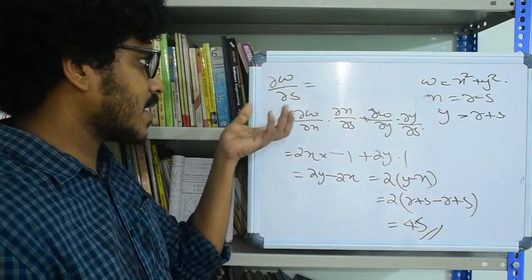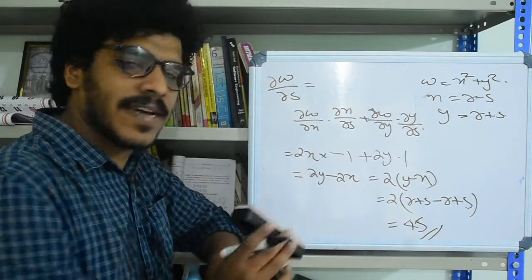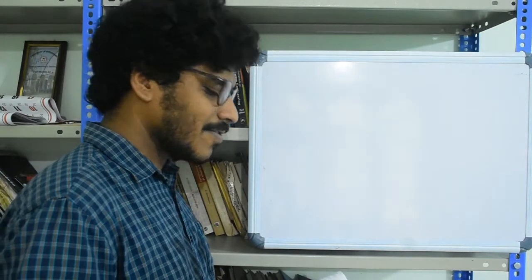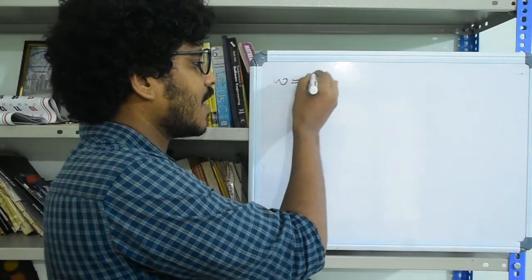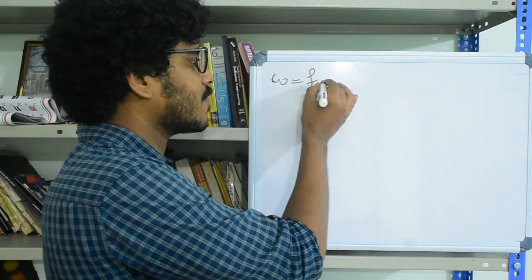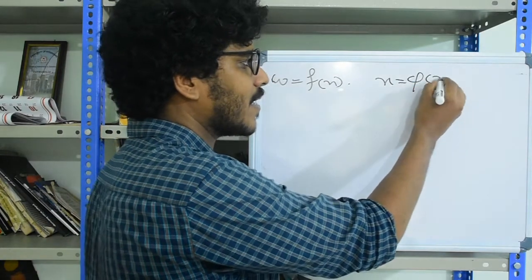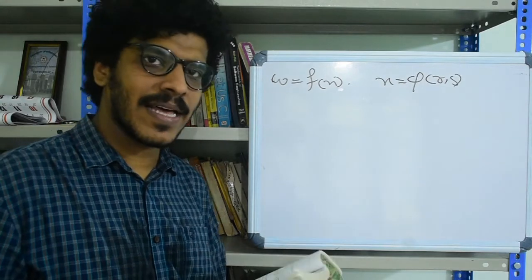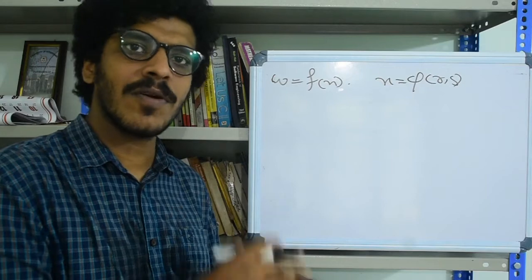So now we have expressed dou w by dou s and dou w by dou r in terms of s and r. Now let's find a little more special case of this where we have only one intermediate variable, which means let's consider a function w equal to f of x, where x is a function of r and s. See, when we say a function, we by default mean that f and phi are differentiable functions of the corresponding variable or variables.